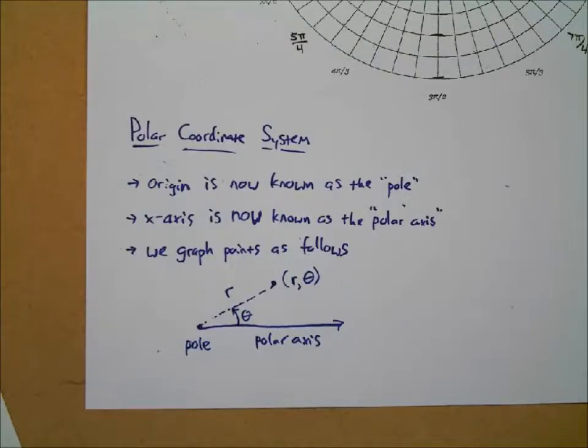In polar coordinates, instead of going left and forward, I rotate a certain angle theta so that I'm now facing the back corner of the room, and then I travel in that direction r, whatever the distance is from here to there. So rectangular is more like me moving left and then back, and for polar, it's more like I turn on the pole, face the direction of the point where I want to go, and then go out that distance r. That's how we locate points in the polar coordinate system.